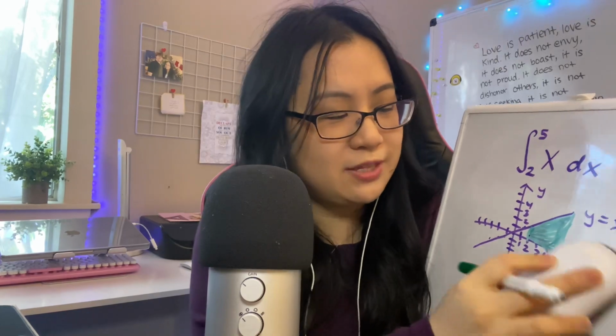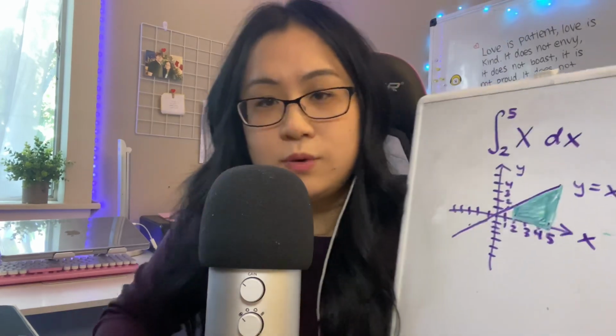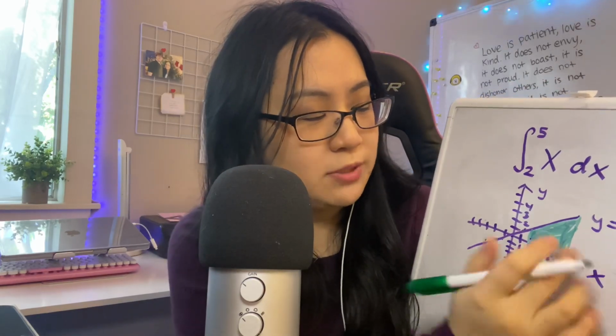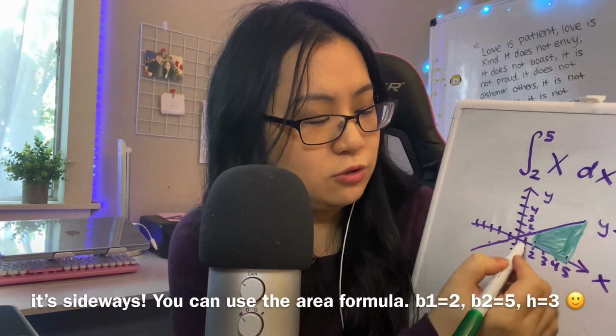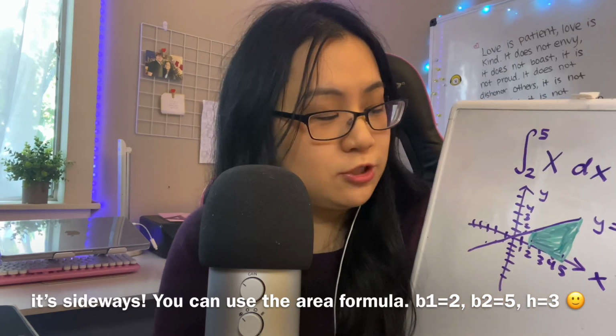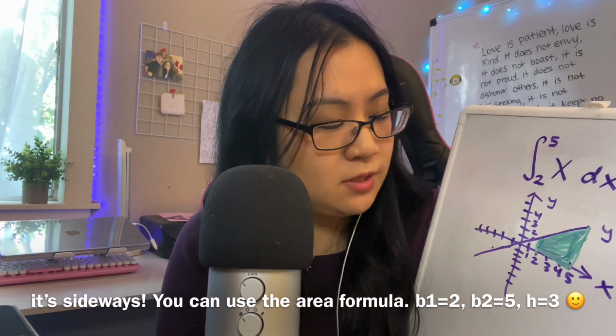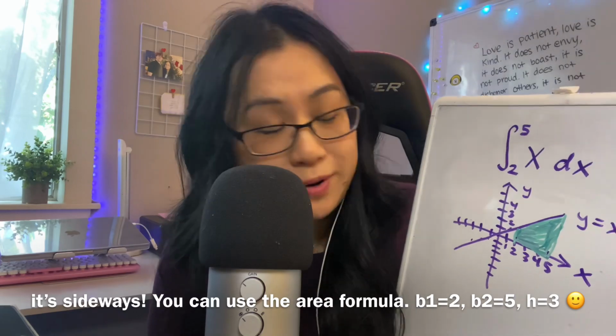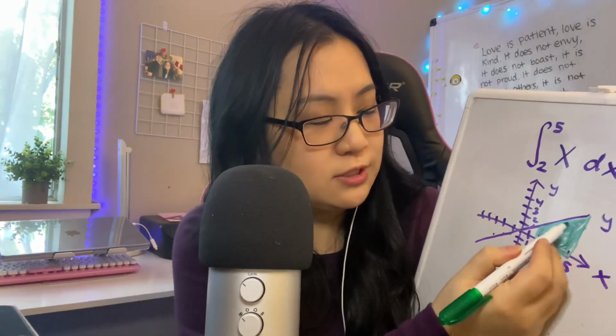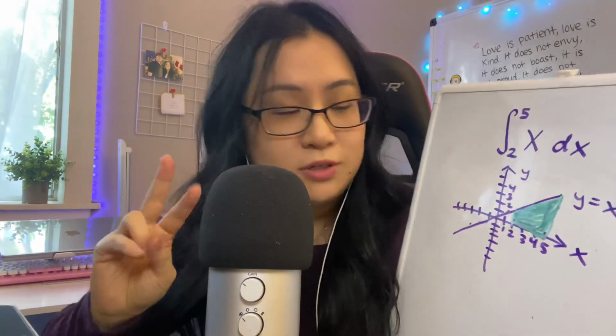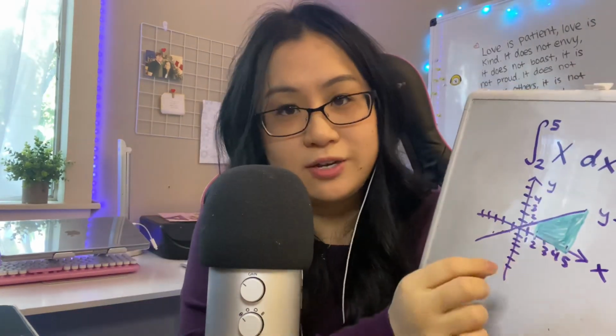So, in this case, when we sketch it out, we end up having a trapezoid, which we can use a formula for, but we can also consider this as two areas, two triangles.